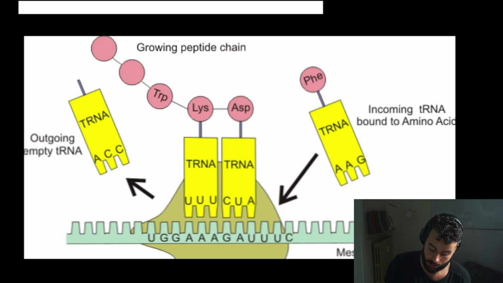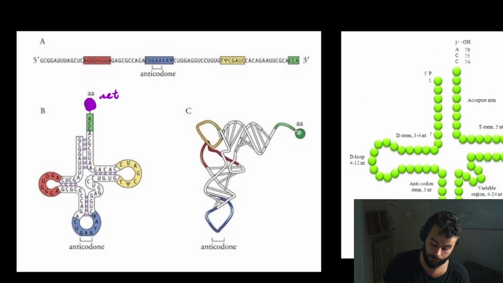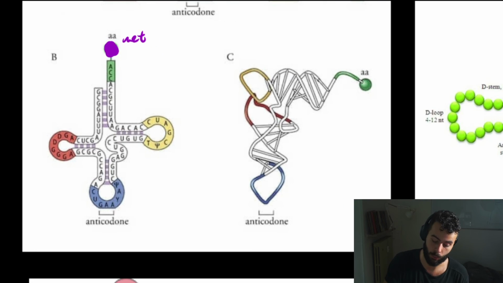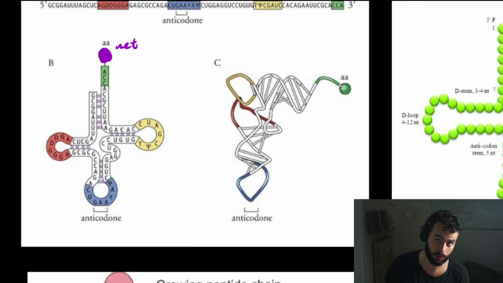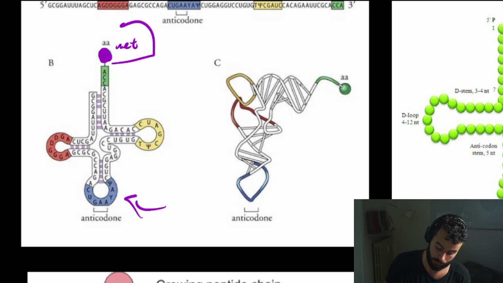But for now, let's summarize this video: one tRNA molecule is an RNA molecule that is going to bring us on one side the amino acid, and on the other side an anticodon sequence that is going to be complementary to the codon of the mRNA waiting to be translated inside the ribosome.